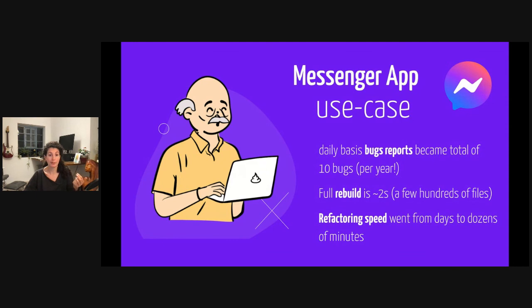You can see here, for example, instead of getting bug reports on a daily basis, we got 10 bugs, not per day, not per month, per year. And only in the section which was converted to ReasonML, of course. And they also significantly reduced the refactoring time and build time.